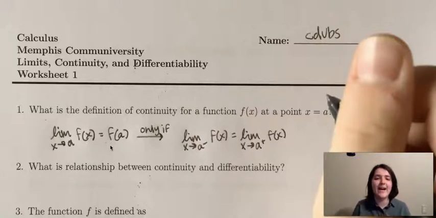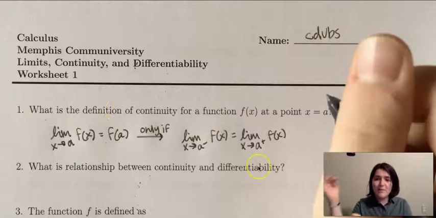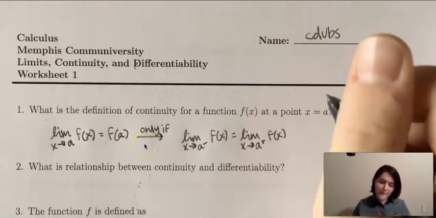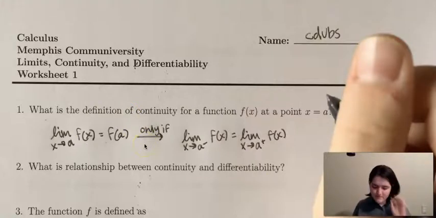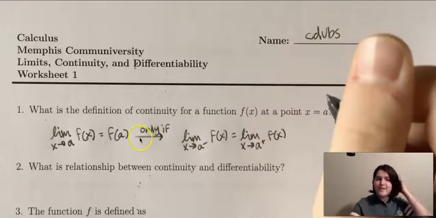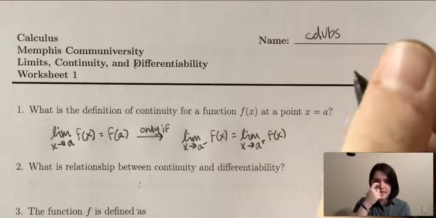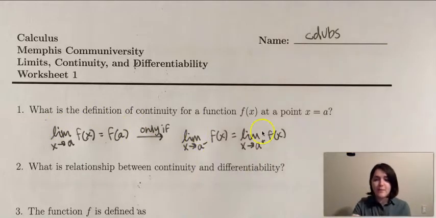So they need to be both approaching the same point, but then they have to equal the function itself so that we know there's actually a point there. So always when you're talking about continuity, you have to equate the limit itself to the function. And a lot of times you have to separate left and right to get to the limit itself.